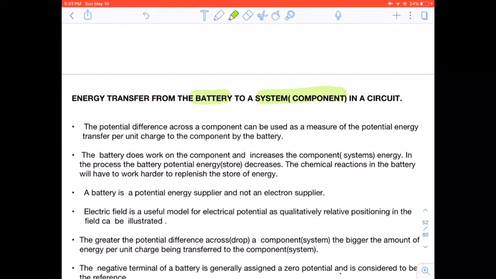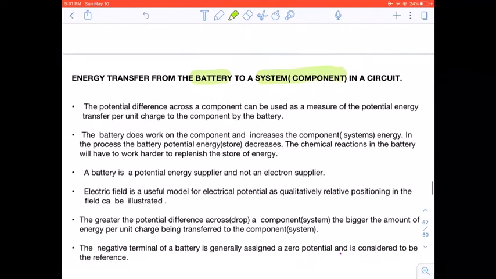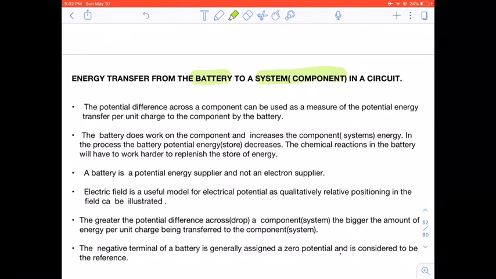The component could be a resistor, a bulb, or some instrument or load that is connected to a battery, right? The potential difference across a component can be used as a measure of the potential energy transferred per unit charge to the component by the battery, right?